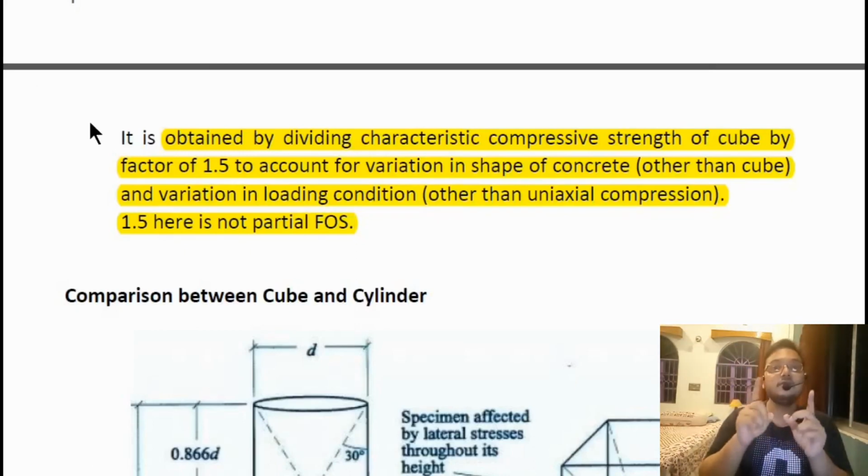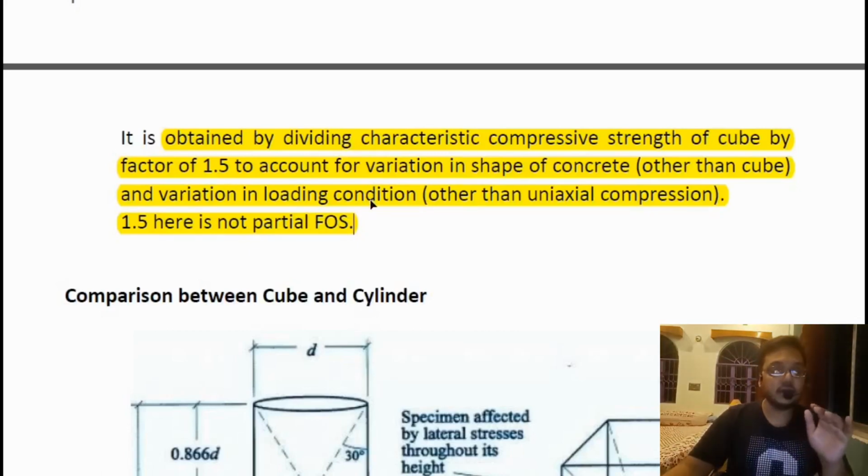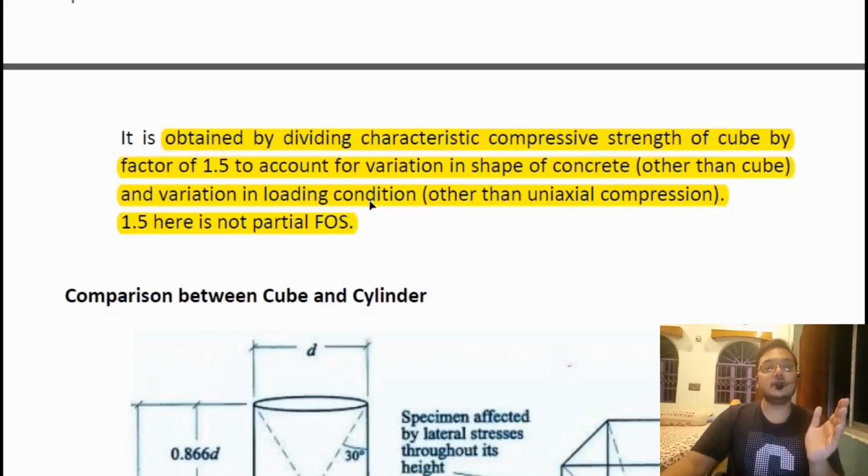So 1.5 is that particular factor which we will be dividing by, and again note that 1.5 is not the partial factor of safety. Regarding partial factor of safety, we will know it when we do those designs, and we will adopt that partial factor of safety for the particular element or structure, and it will have a different use. So this is not our partial factor of safety, this is just a factor to consider the other loading condition and the other shape of the concrete.